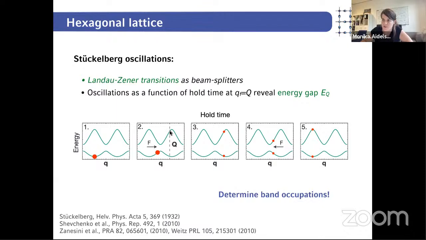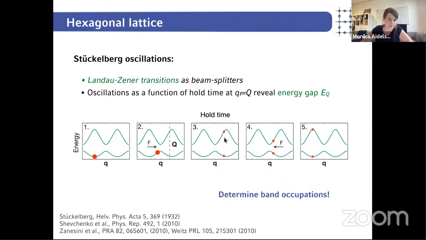And then we can move the wave packet up to a final position in this dispersion relation, which is here denoted as capital Q, and introduce a hold time. So we just wait there as a function of time. And then we reverse the direction of the force and move the wave packet back to its original state.